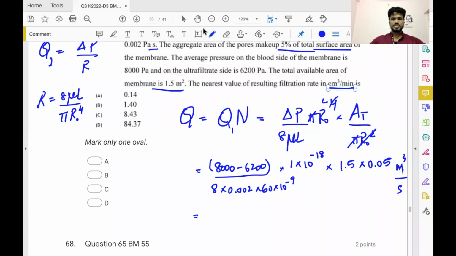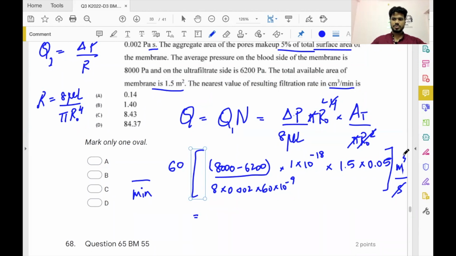Let's not do some intermediate calculation. So per second, this much amount of flow. So per minute, it should be 60 times more. So here, let me do some unit corrections. If we multiply by 60, this will be per minute, and these many meter cubes.